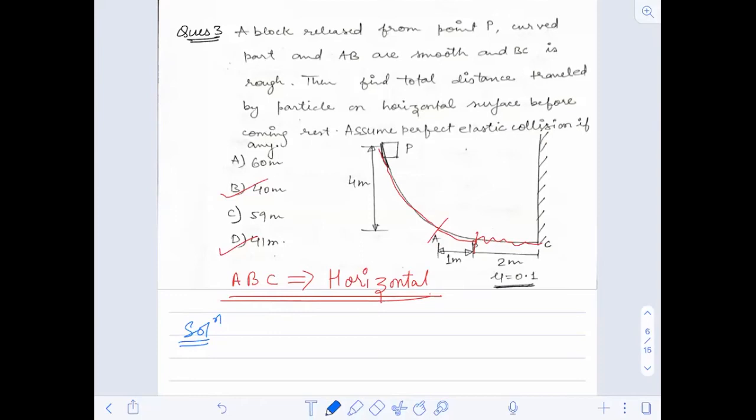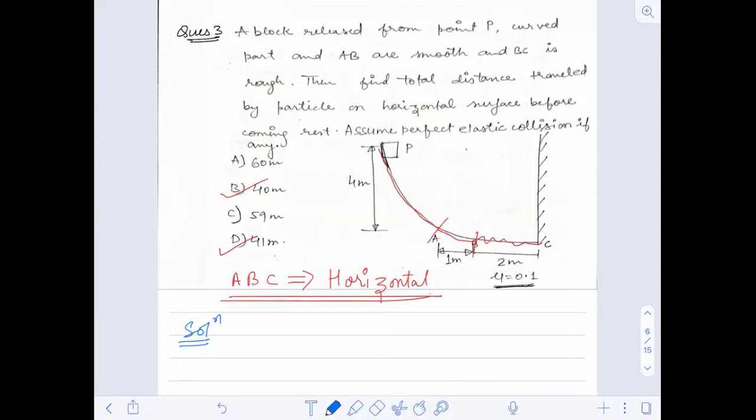That is what is given in the question. So whatever dissipation of energy will happen, it will happen only for the part BC. From P to A and from A to B, there is no dissipation of energy.